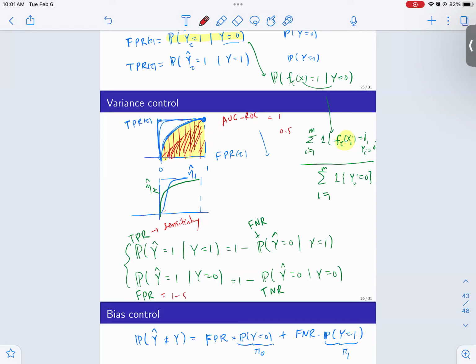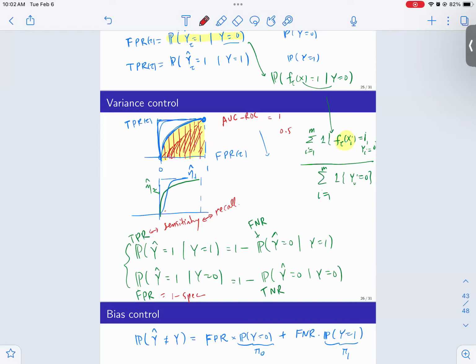So 1 minus the specificity, I believe. If you check sensitivity and specificity, you see that there's a long list of other measures, and these also have other names. This is also called recall. Different terminologies for different literature, different subsets of people. True positive rate, sensitivity, recall.